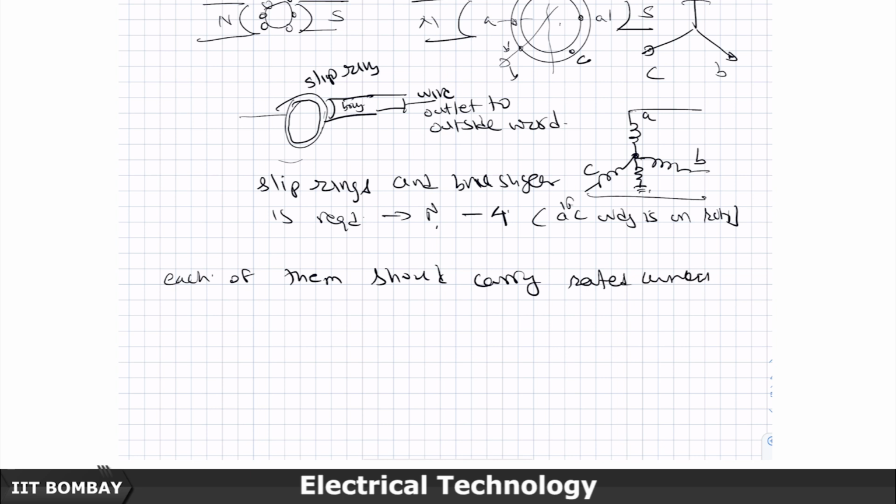and the rated current here would be, if I have a 20,000 kVA, 20 MVA machine, 20,000 kVA equals root 3 into the line to line voltage, let us say 11 kV, into this current I. So, this is also kVA, this is also kV.